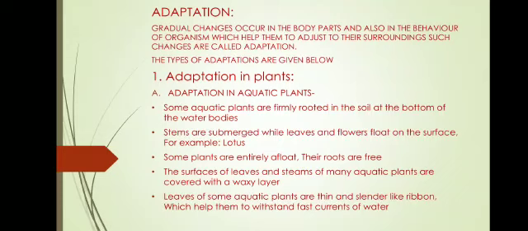So first of all, we are going to learn about the adaptation of aquatic plants. Now what is the meaning of aquatic plants? The plants which are living or growing in water are called aquatic plants.